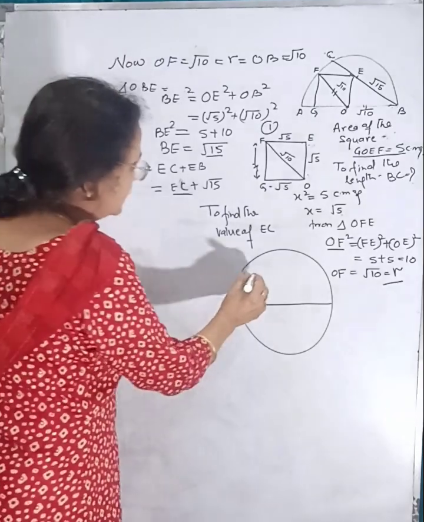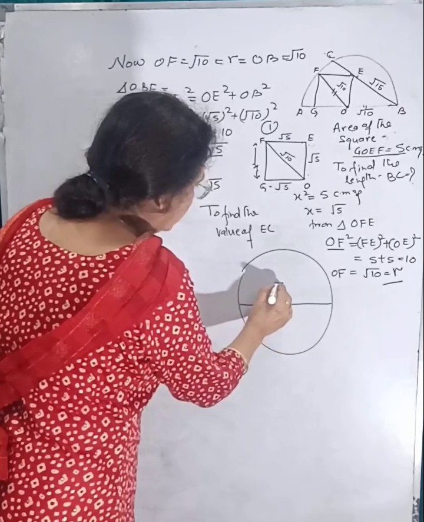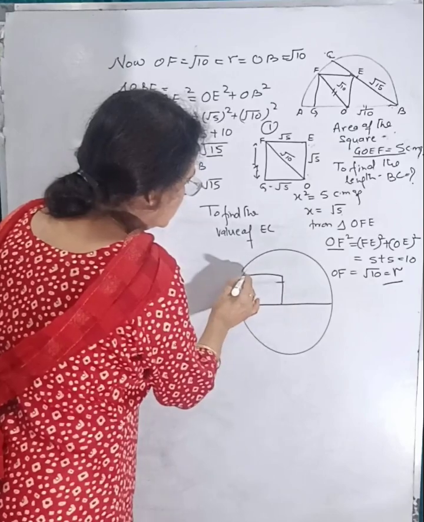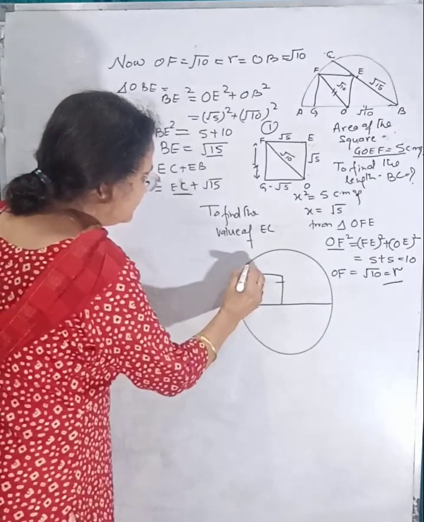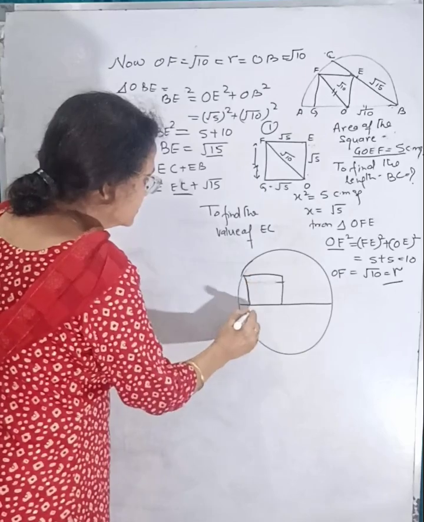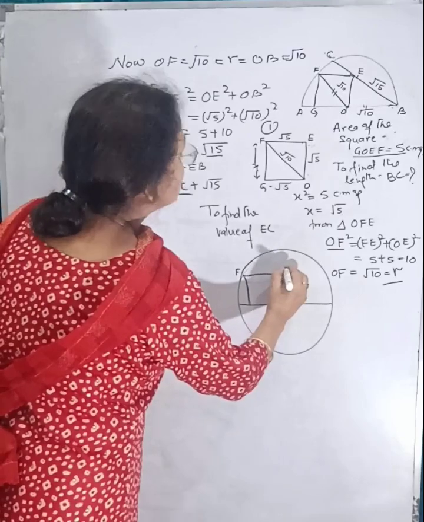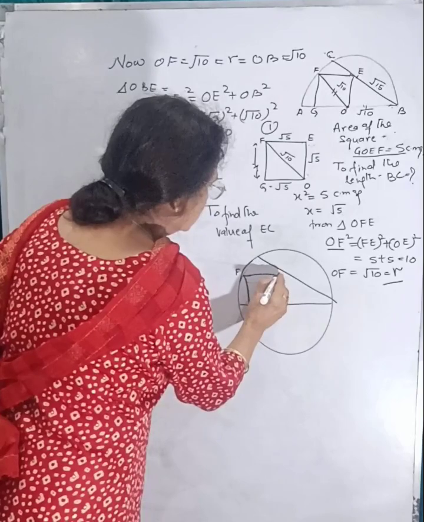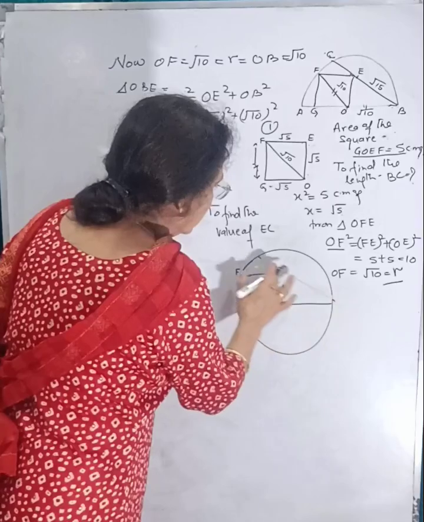This was the square, this was the center point, and this was the point F. Don't go by the figure. I am trying to draw this figure as accurately as possible.